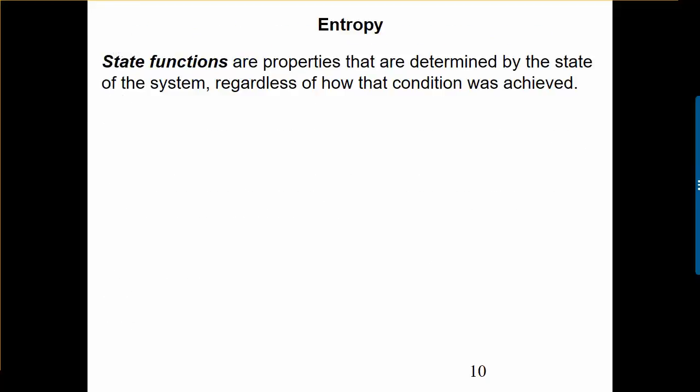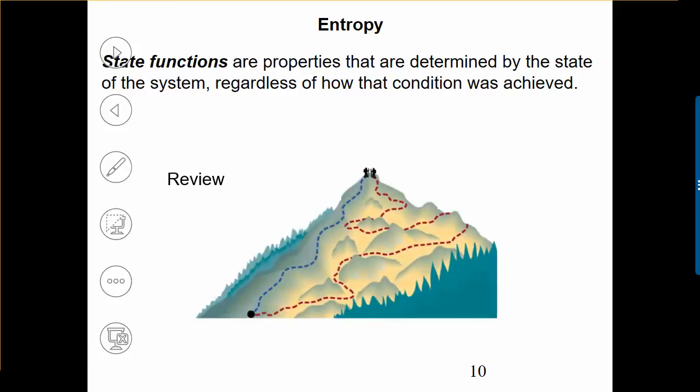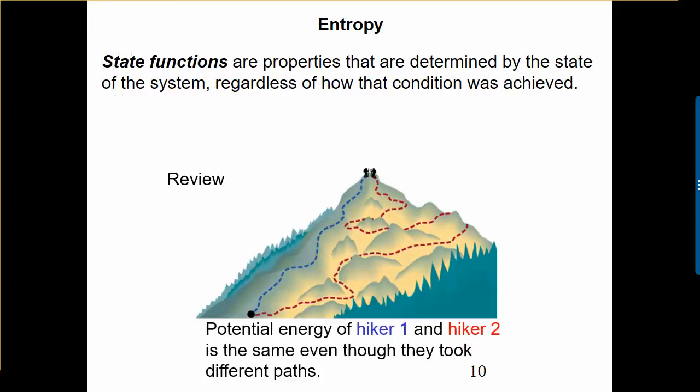Okay. So entropy is a state function. State functions are properties that are determined by the state of the system regardless of how the condition was achieved. Which means final minus initial. The path doesn't matter. Okay? That's what they're saying. The path that you take to get there doesn't matter. Look at these two hikers.